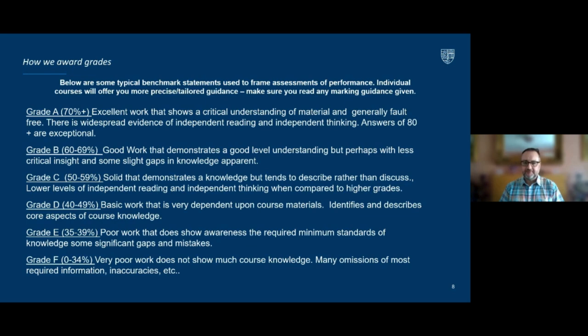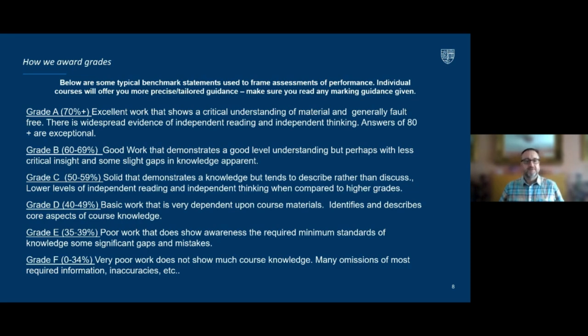Grade E is the next one up, and that's from 35 to 39%. Some awareness there, some knowledge of theory, but it's again very patchy, with significant gaps and mistakes, and poor quality, lacking in structure. Then the next one up is a grade D. It's a bit broader band actually, from 40 to 49%.